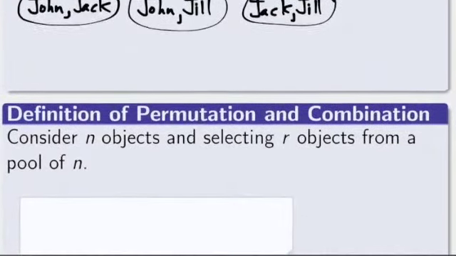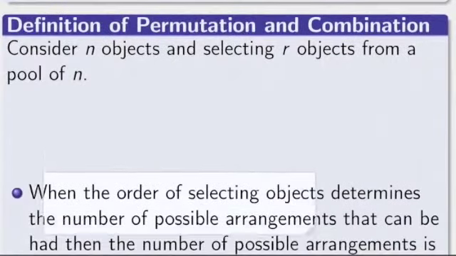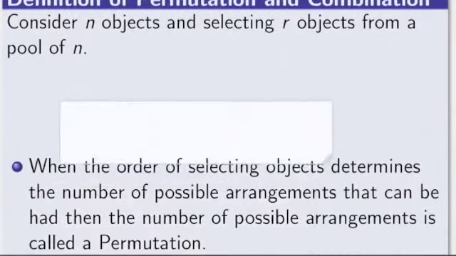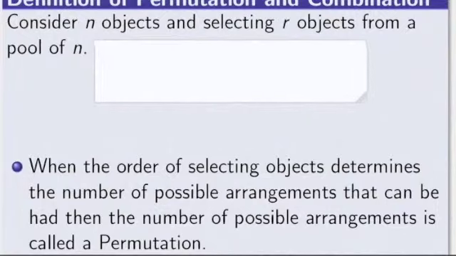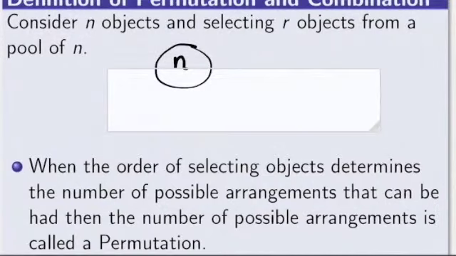Let's now define permutations and combinations in more general terms. Consider n different objects and selecting r objects from a pool of n objects. So in a pool, we have n objects, and we are picking r objects out of a pool of n.